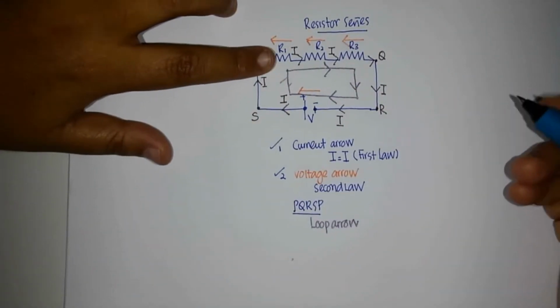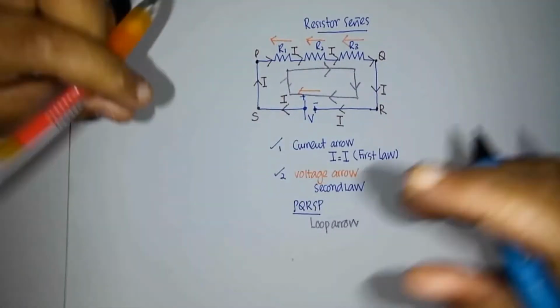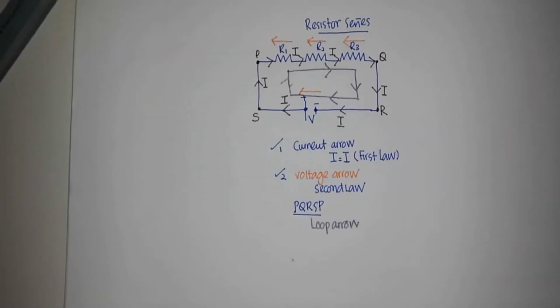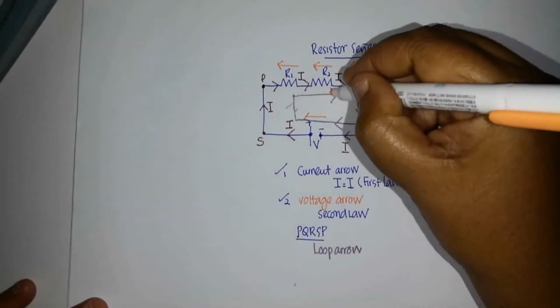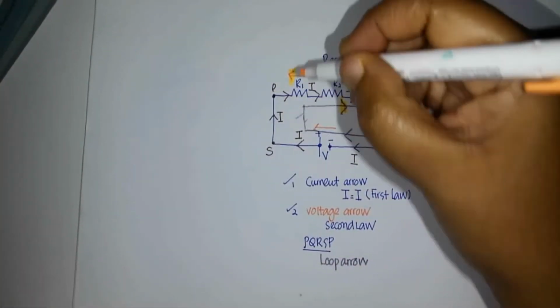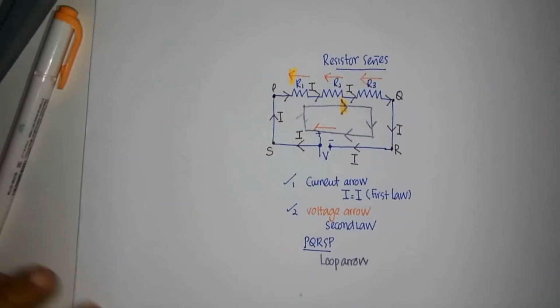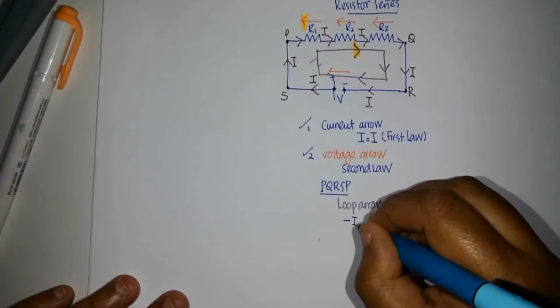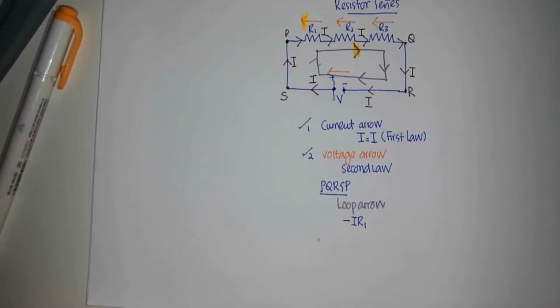So as I'm going here, you notice the loop arrow is against the voltage arrow. The loop arrow is against the voltage arrow, so I will have negative I R1.